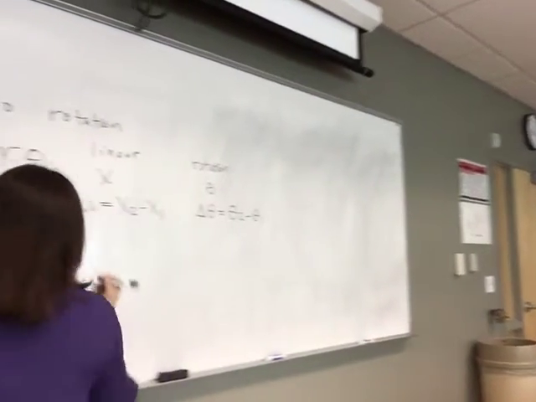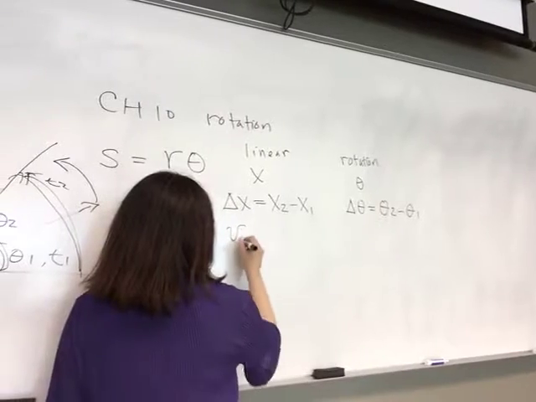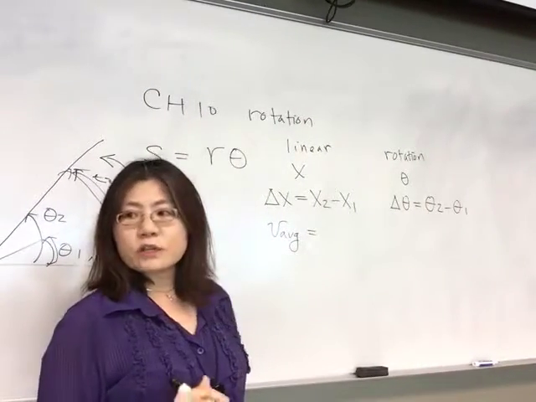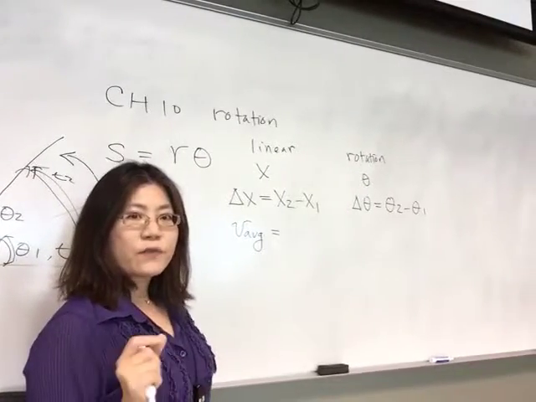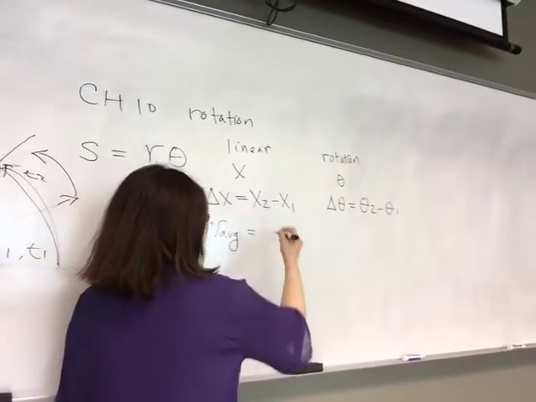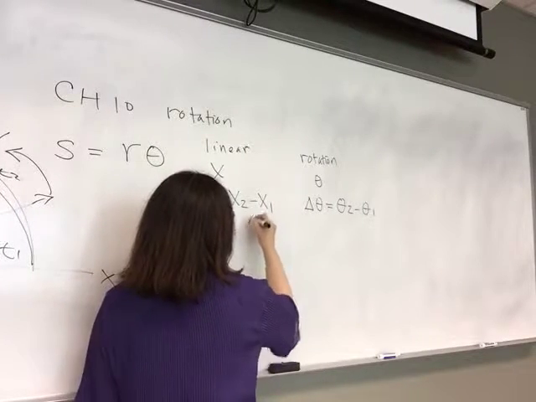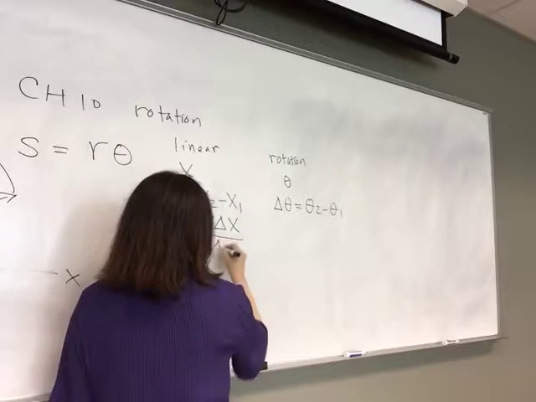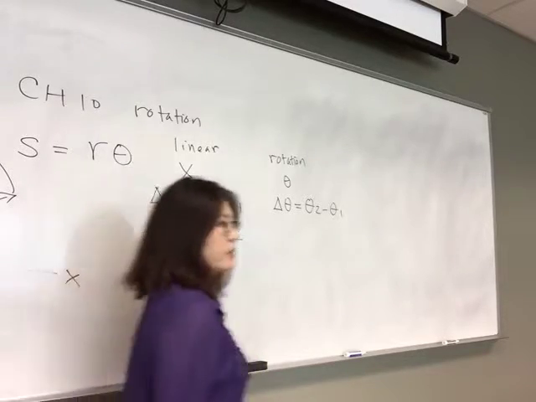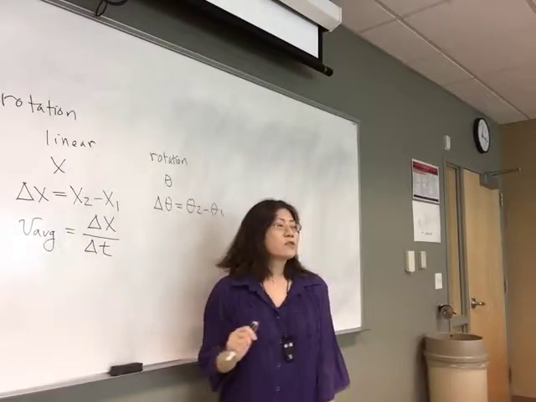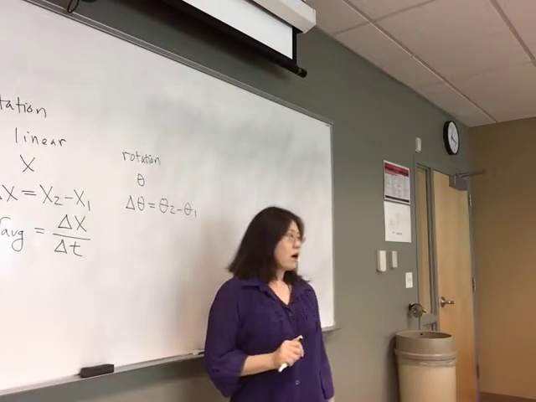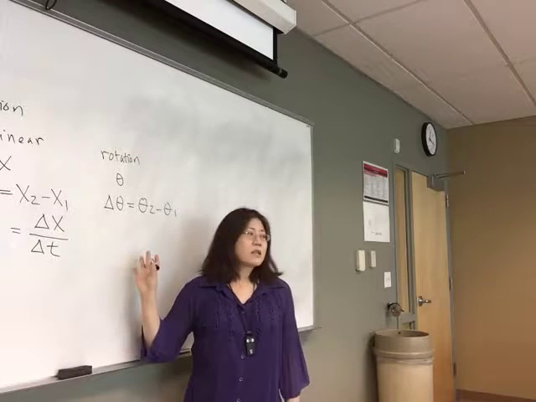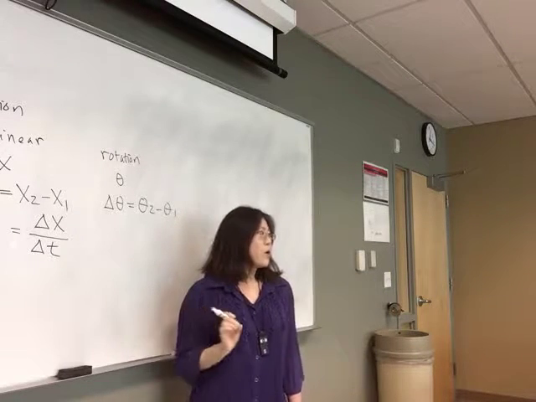Now if you recall, how do we calculate the average velocity for linear motion? If you remember, first of all, we find the displacement over the time interval in which the displacement took place, right? So this is the average velocity, delta x over delta t. In that case, there is actually a corresponding velocity as well, but we don't call that velocity.